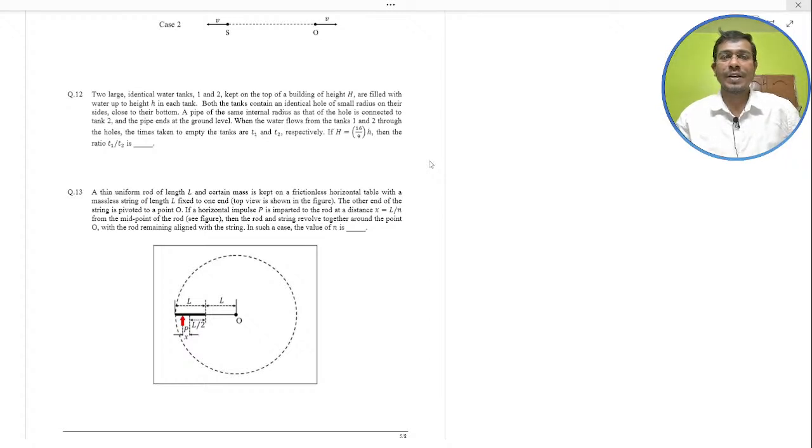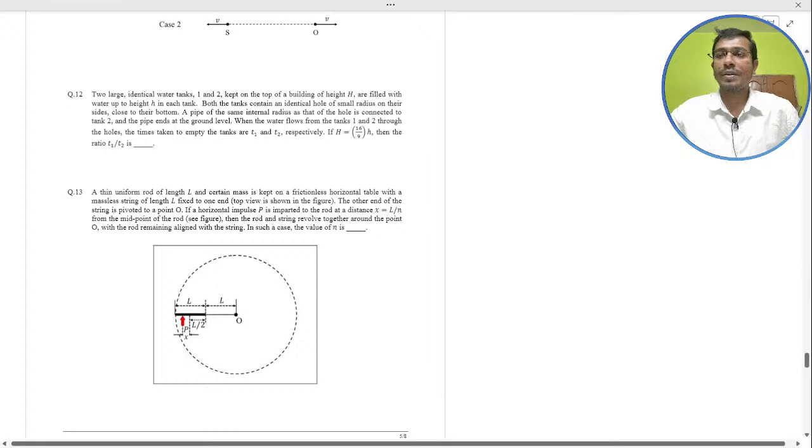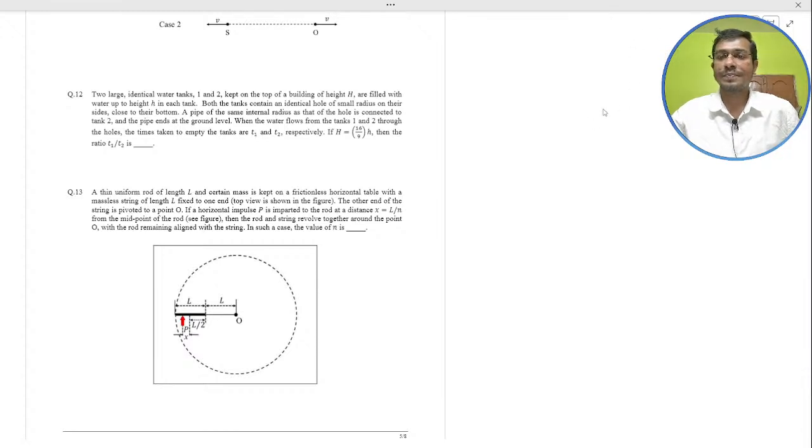A pipe of the same internal radius as that of the hole is connected to the tank 2, and the pipe ends at the ground level. When the water flows from the tank 1 and 2 through the holes, the time taken to empty tanks are T1 and T2 respectively. If H is 16 by 9 h, then the ratio of T1 divided by T2 is what?